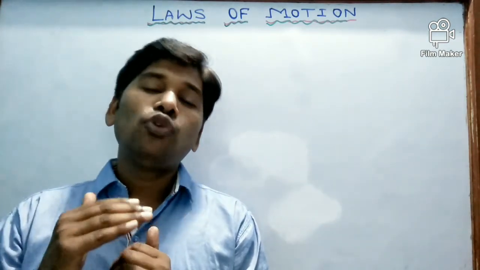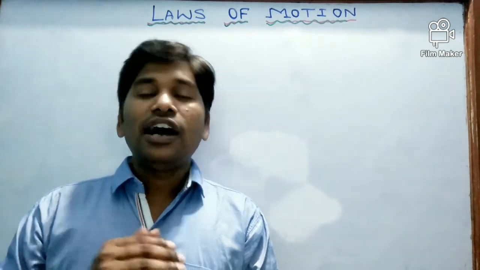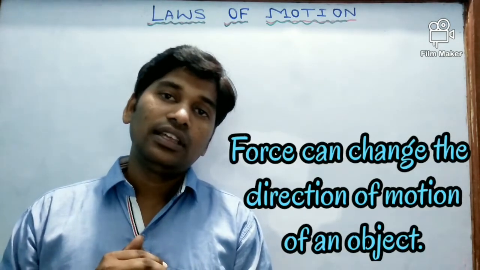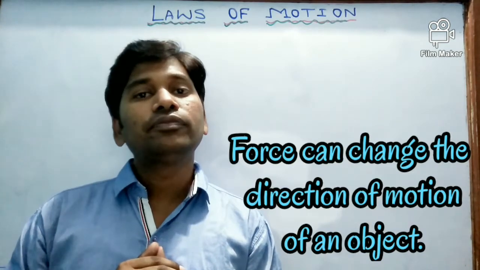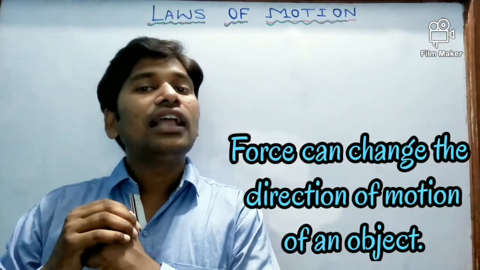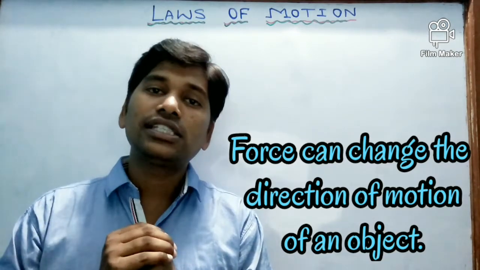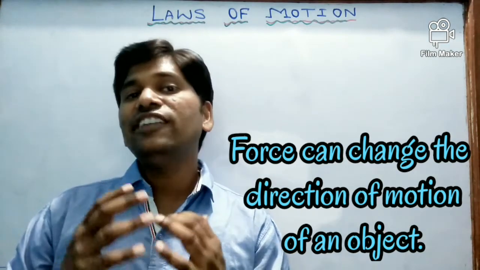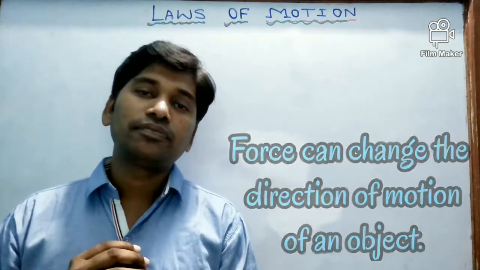Another, fourth effect of force, a force can change the direction of the body. For example, if a cricket ball is coming towards me and I apply force with a bat, the direction of the ball will change. So these are the four effects of force.